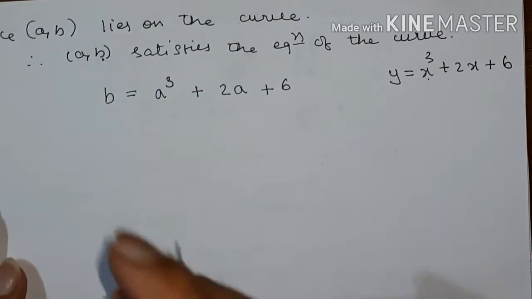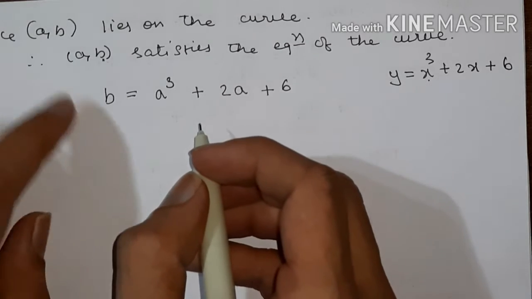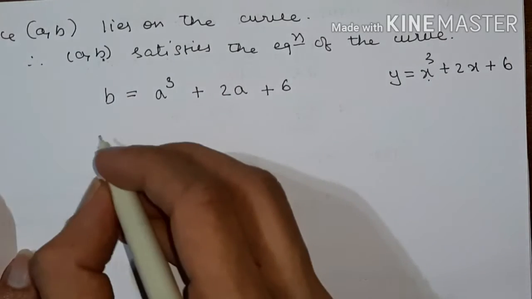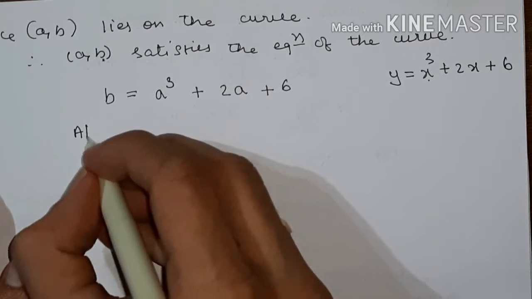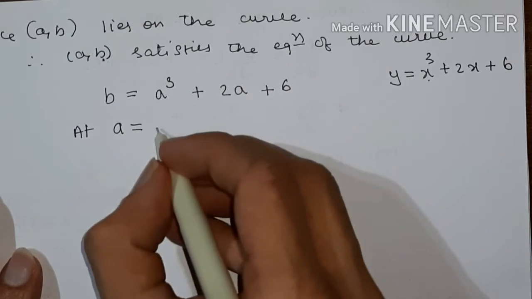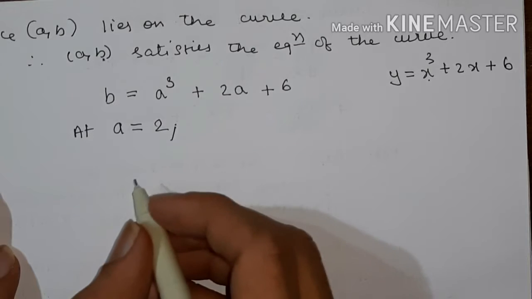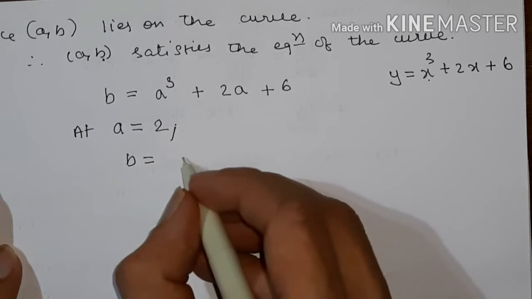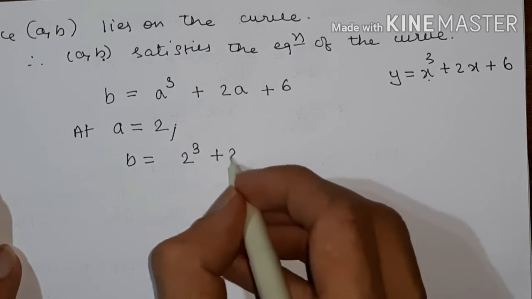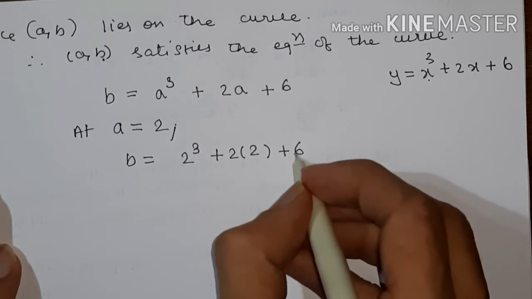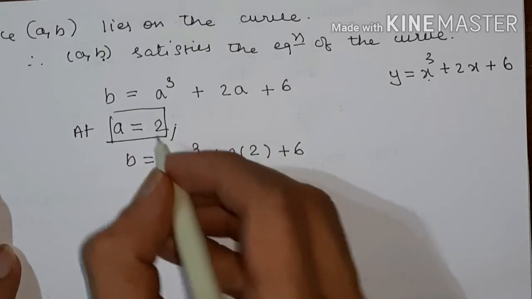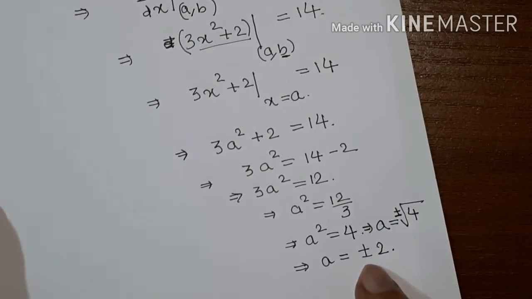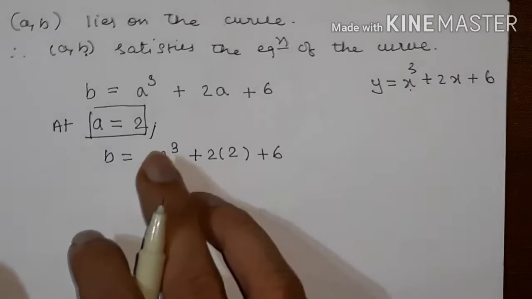Okay, so this is what you will get, right? Now we have the values of a. So first we will take a = 2. What do you get? b = 2³ + 2 times 2 + 6, right? I am taking the first value of a, which I have got. Here we got plus or minus 2. I am taking the value 2 as a now.